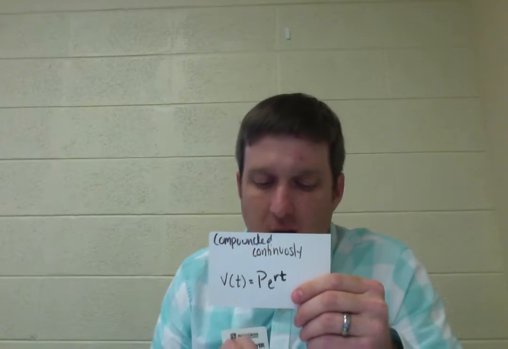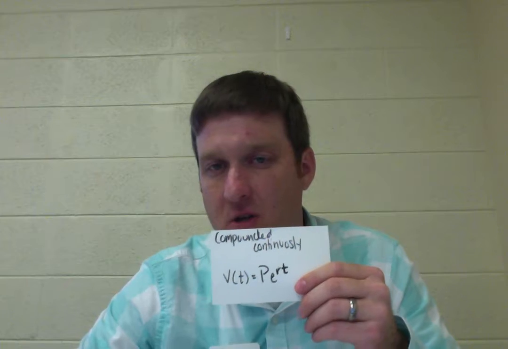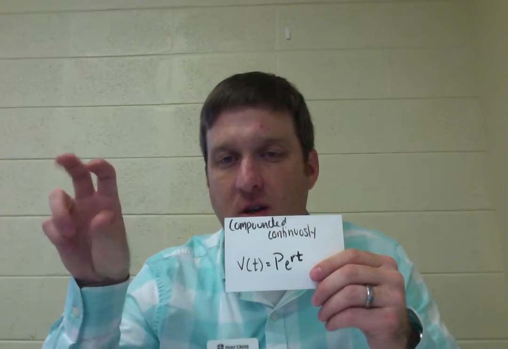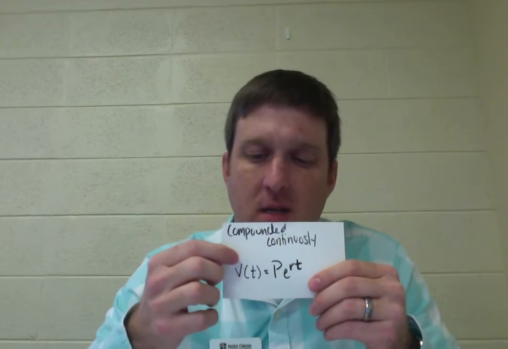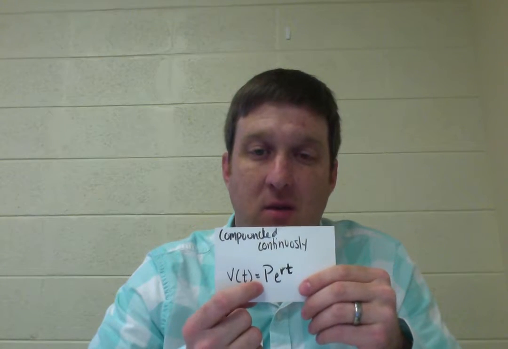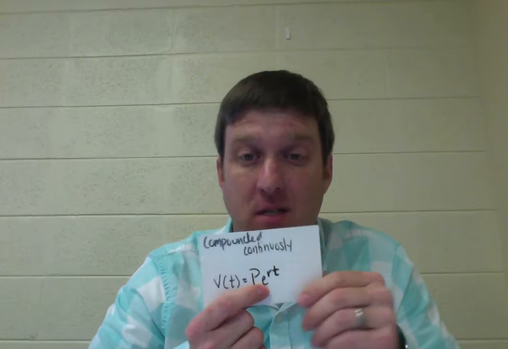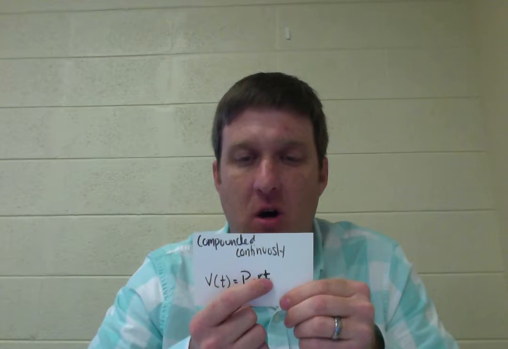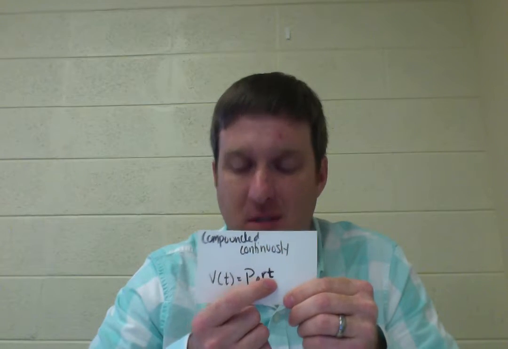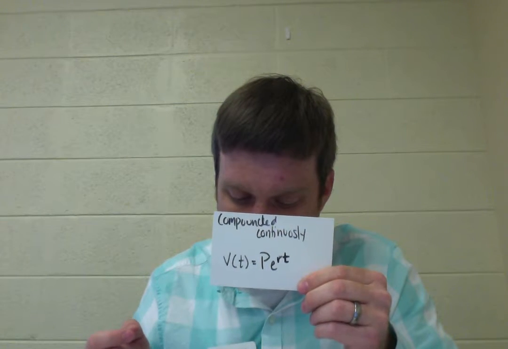On page 685, they go through a complicated derivation where there are lots of variables floating around. But ultimately, what they get to is that the value of the investment equals the principal times e, the base e that we've dealt with, an irrational constant, raised to the rt, the rate times the time in years.